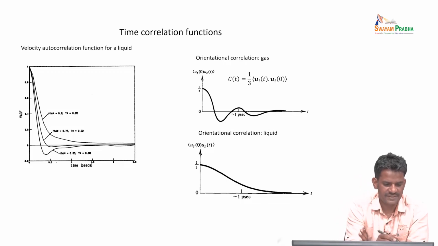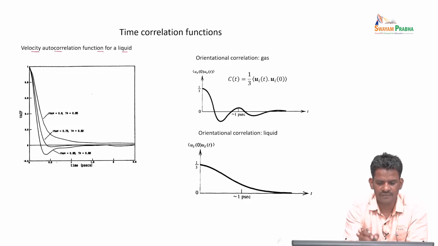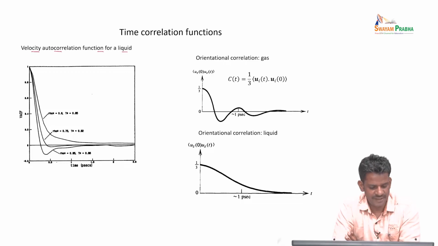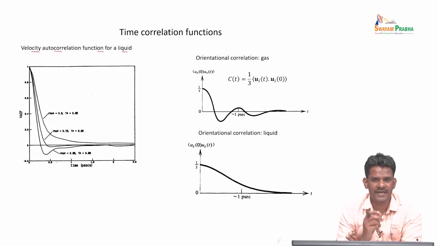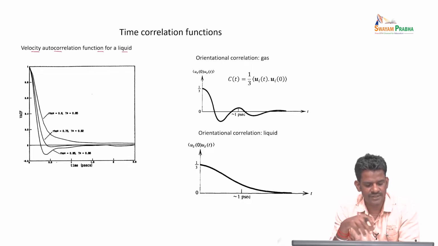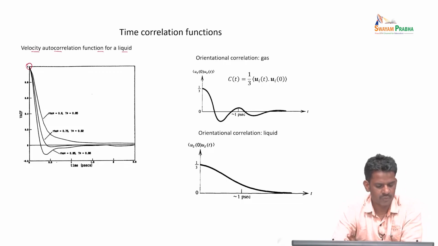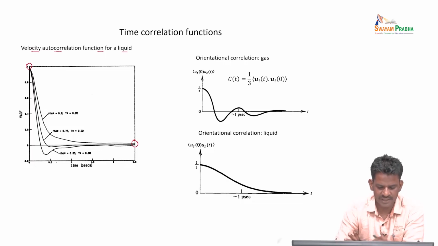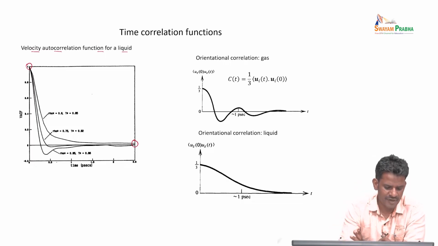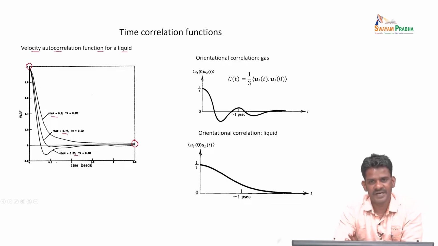Here on the left hand side, we are plotting the velocity autocorrelation function for a liquid. You have a Lennard-Jones liquid, we have the velocity for each particle, and we autocorrelate the velocity. As expected, it starts at 1 and tends to 0 at long time intervals, and depending upon the density and temperature, you see different kinds of behavior.